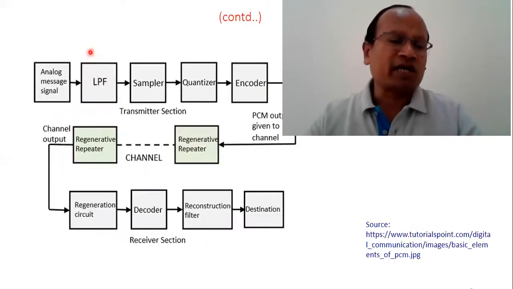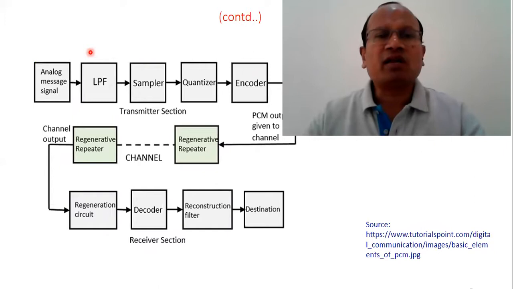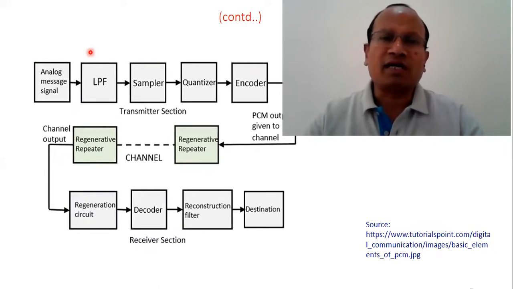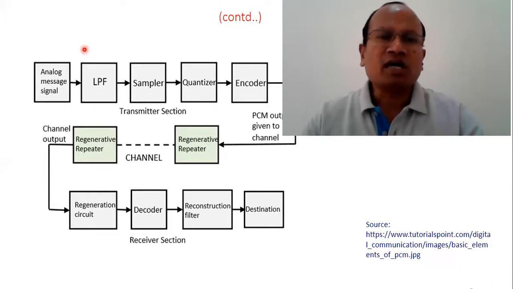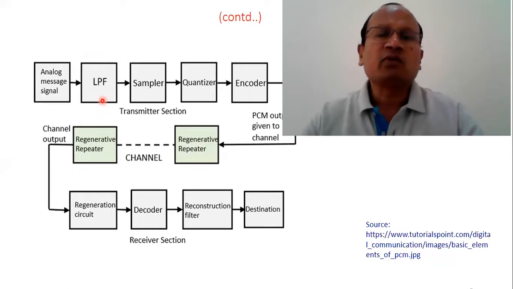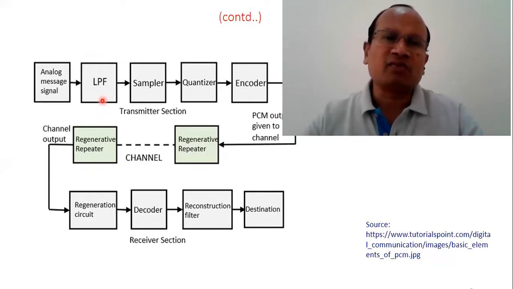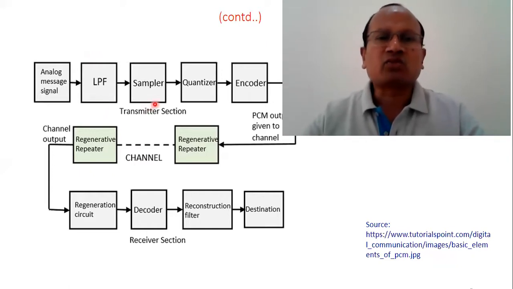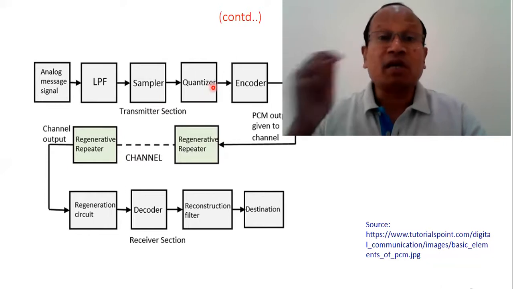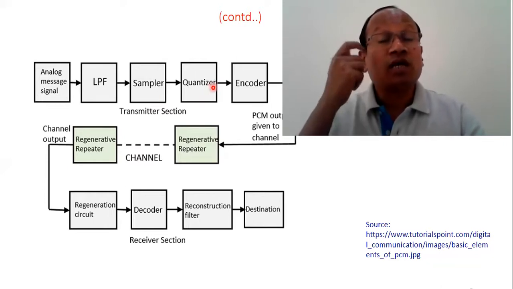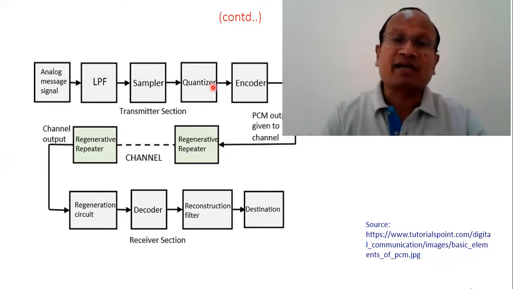This is one block diagram of PCM where all are standard blocks. The signal comes from the analog message signal source and passes through an LPF, where we choose the desired signal which we want to modulate. It goes to the sampler where we get the sampled output. Then it goes to the quantizer where we obtain the approximated signal so that encoding can be applied efficiently.